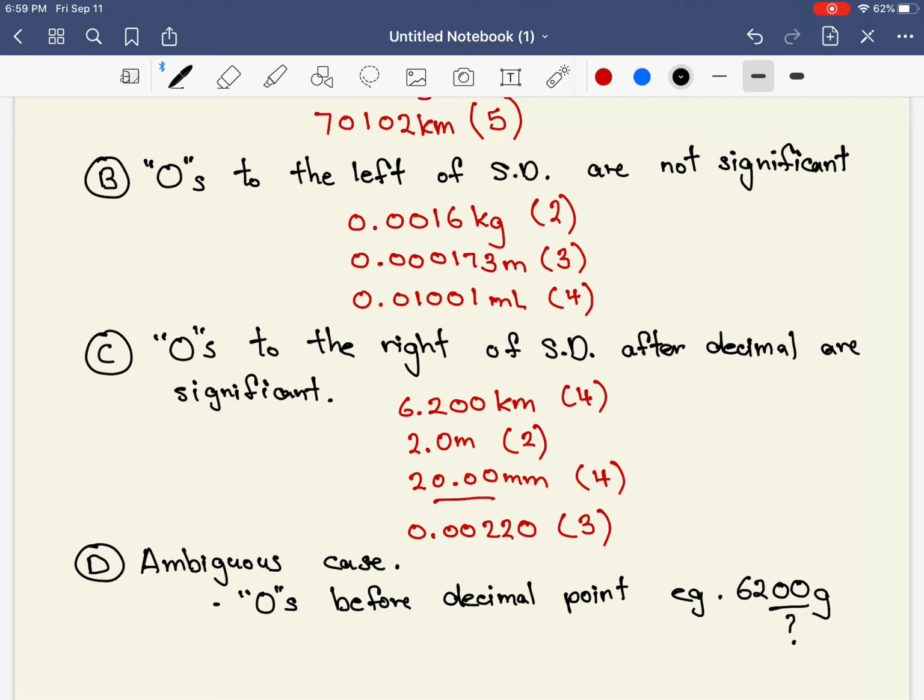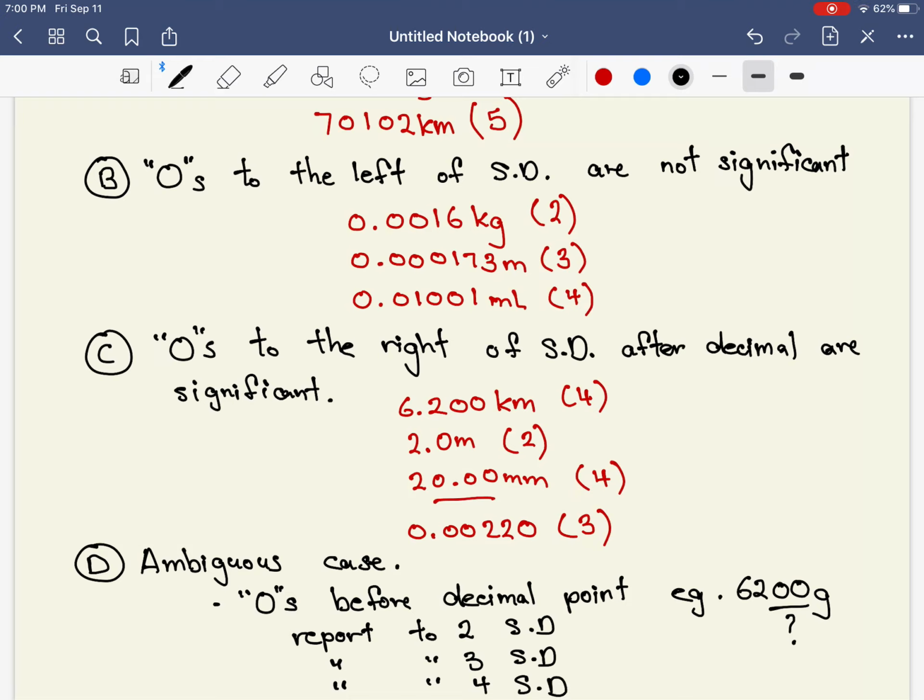How are we going to report this? We can report to 2 significant digits, no problem. We can report this to 3 significant digits, and we can report this to 4 significant digits.